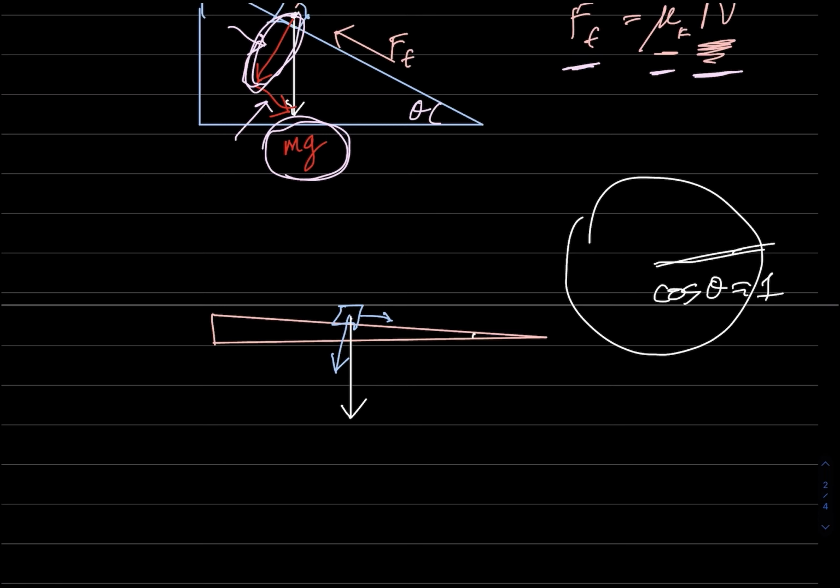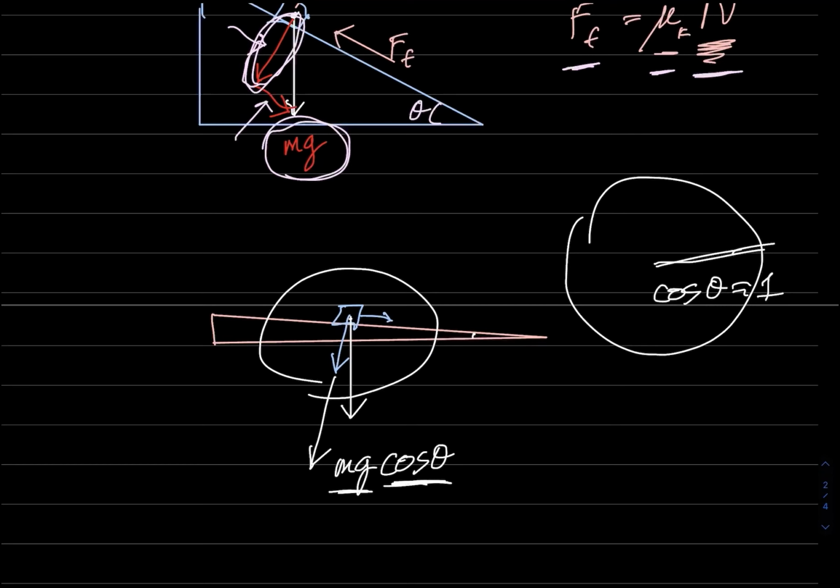And in this scenario, we know that the component of gravity perpendicular to the surface is going to be most of it. So that's going to be mg cosine theta, because mg cosine theta here is almost exactly mg, and the component parallel to the surface is going to be mg sine theta.